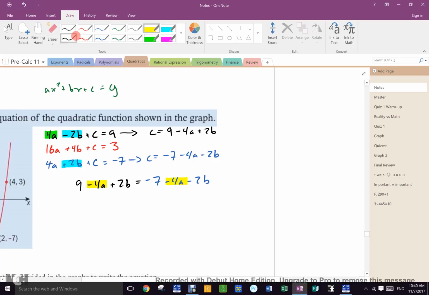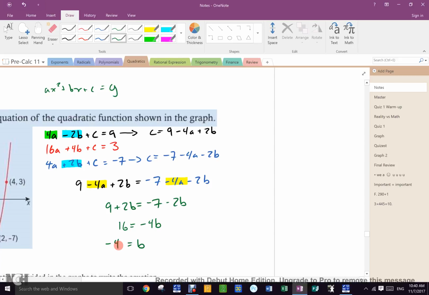So if both those yellow things are gone, I'm left with 9 plus 2b equals negative 7 minus 2b, yes? Which means 16 equals negative 4b, doesn't it? Which means b equals what? Negative 4.